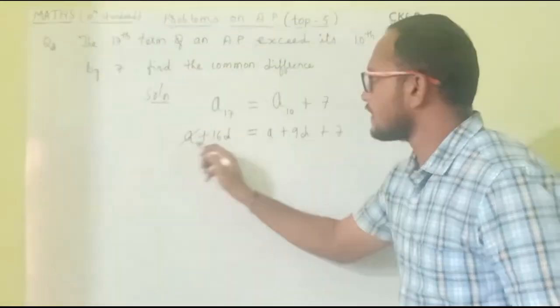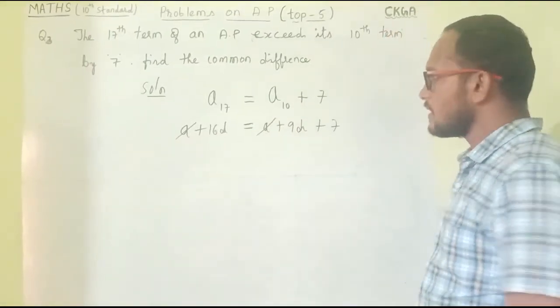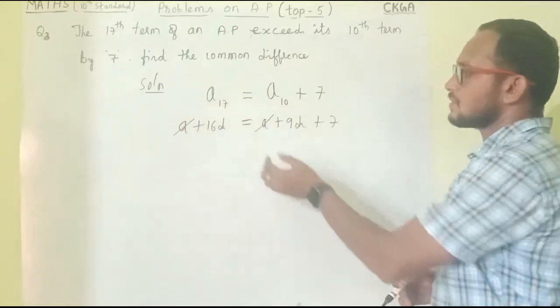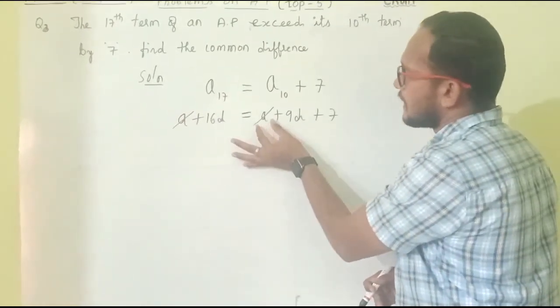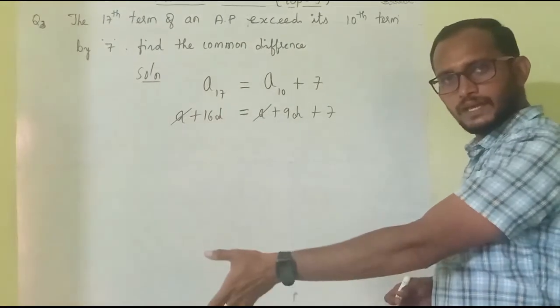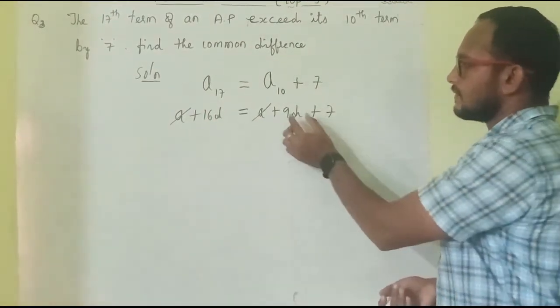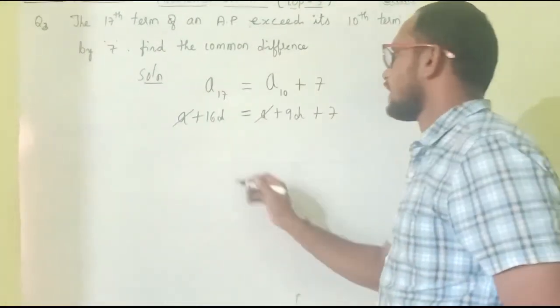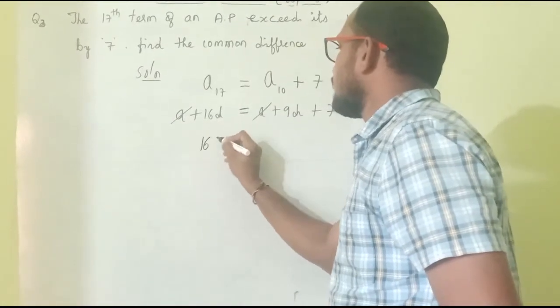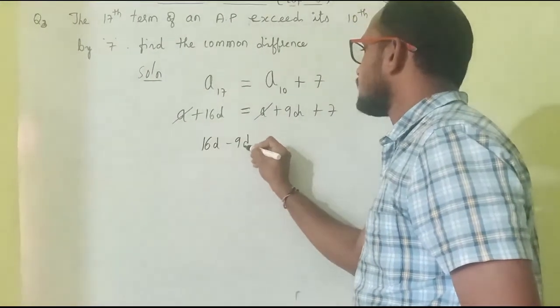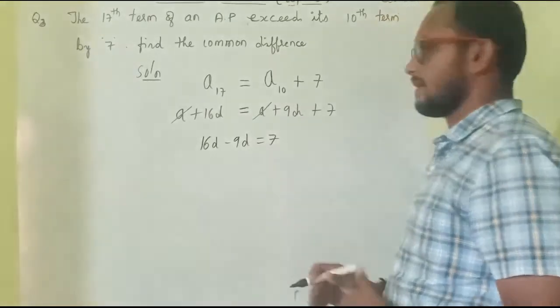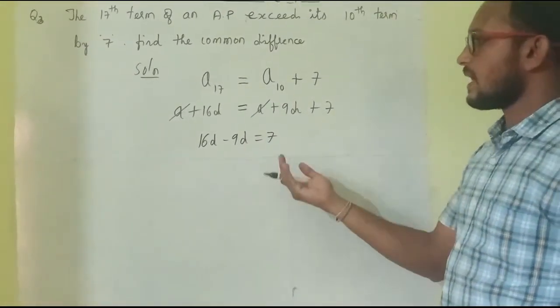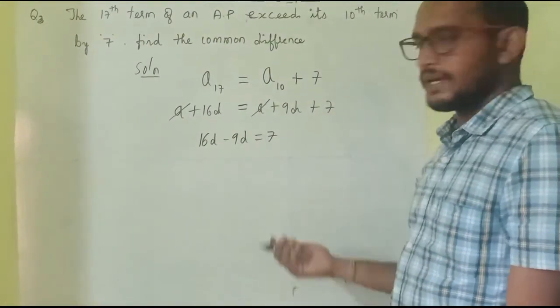Can I cancel A and A? Yes, you could cancel them. Since they are on different sides, if you transfer A to that side it will be negative A, so that we can cancel it out. Now transfer 9D to that side. So 16D minus 9D is equal to 7. If you subtract 9 from 16, how much are you going to get?